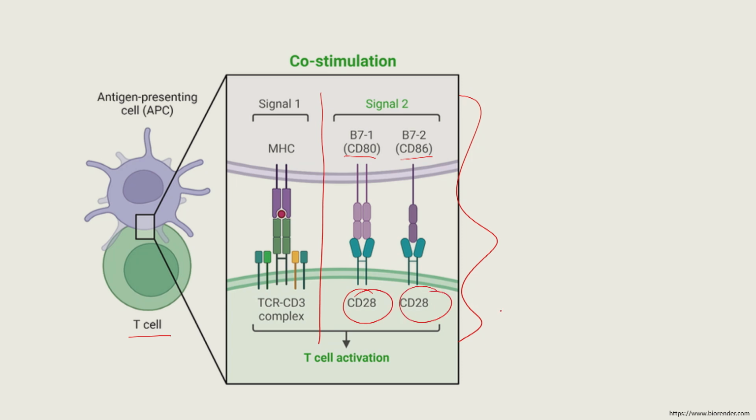So this is a typical stage when a T cell gets activated. Now there could be a phenomenon where there is T cell inactivation also. So let's try to understand inactivation after understanding this activation stage.